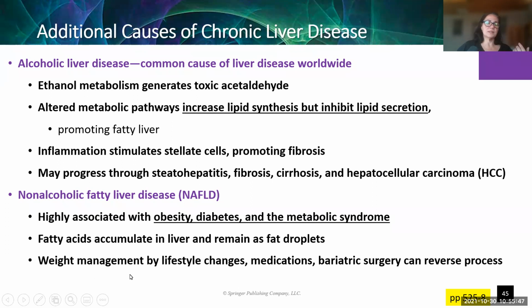If the person can successfully make some lifestyle adjustments so that they can maybe help reverse their type 2 diabetes, help reverse the obesity, some medications, bariatric surgery can help this significantly. They can help reverse this process. And again, if it's caught early enough, then the damage can be reversed, and the person does not have to live with cirrhosis for the rest of their lives.